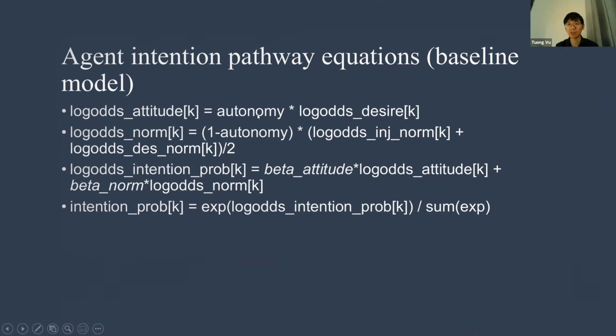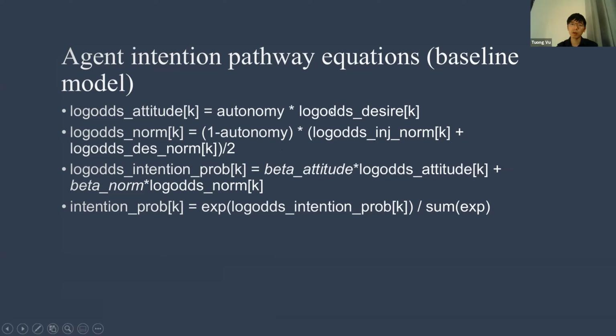But basically, the attitude is the multiplier of autonomy and desire to drink, and the norm is the multiplier of 1 minus autonomy and the average of the two norms. Then it goes to a log-odds equation, with beta attitude multiplied by log-odds attitude and beta norm multiplied by log-odds norm. Like a logit model, you take e to the power of the log-odds divided by the sum of everything to get the intention probability, and then the agent makes a decision on that.